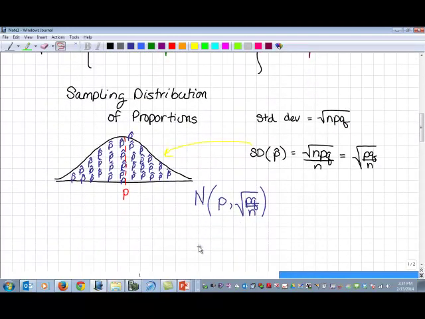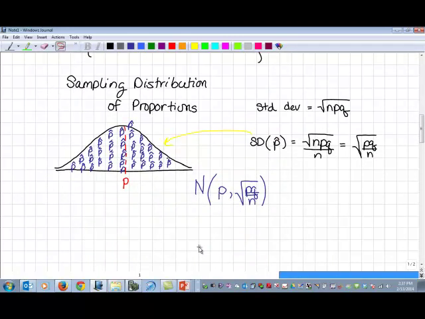So if I'm dealing with a sampling distribution of proportions, if I was to take repeated samples, all of the same size, and calculate their proportions, remember a proportion is something that I can think of as being one of two things. Either you're orange or you're not orange. Either your house has lead paint or doesn't have lead paint.